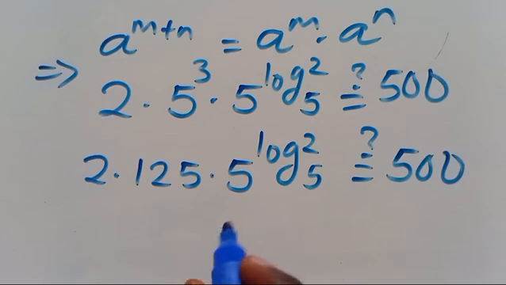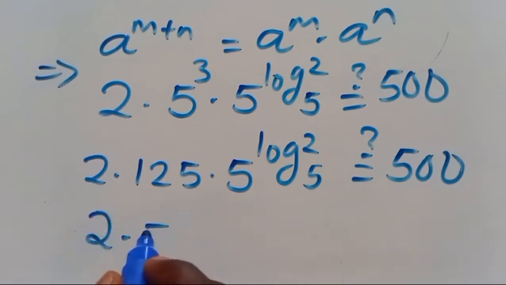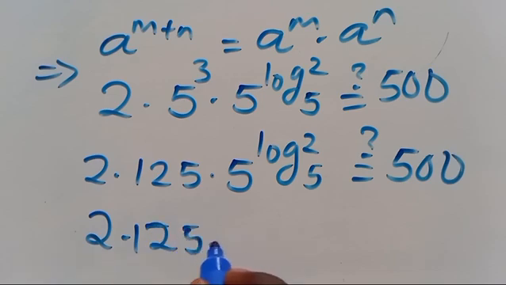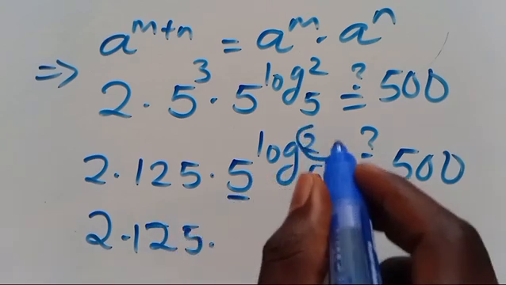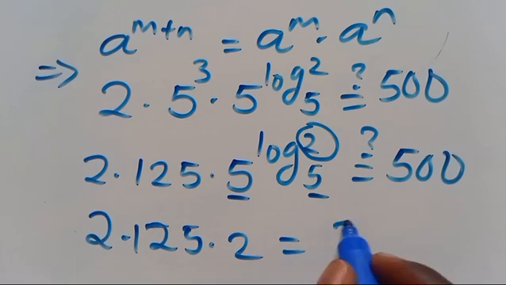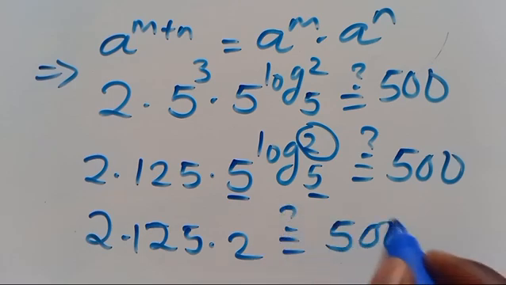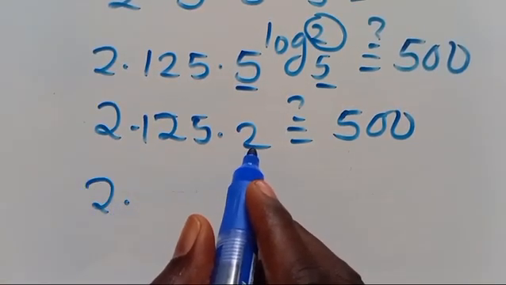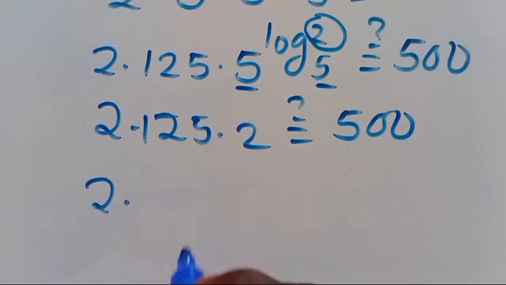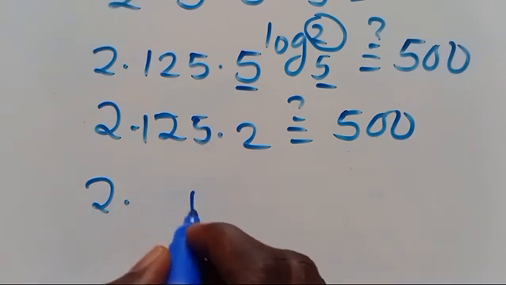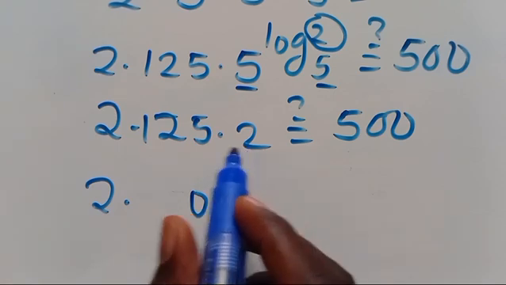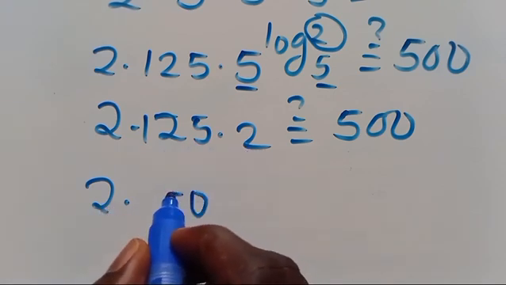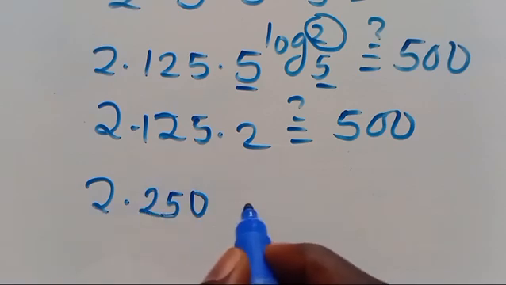So from here, we have 2 times 125. 5 to the power of log 2 in base 5 gives 2. So we have 2 times 125 times 2, which should give us 500. 2 times 5 is 10, we take 0, carry 1. 2 times 2 is 4 plus 1 is 5. 2 times 1 is 2, giving 250.